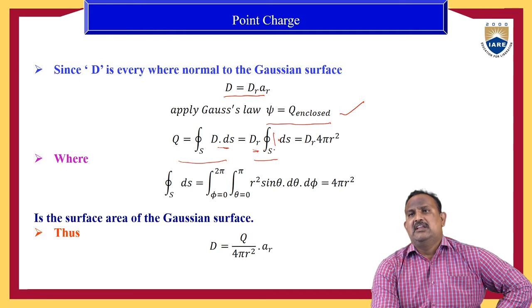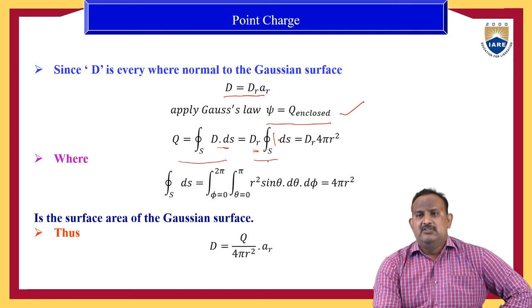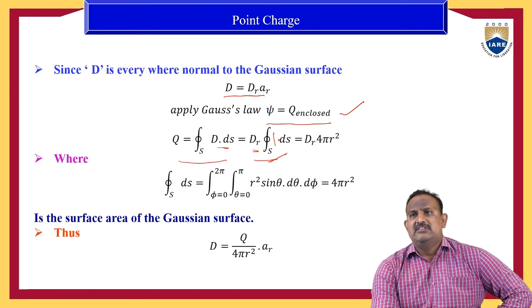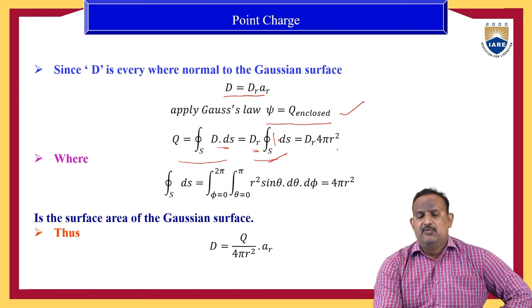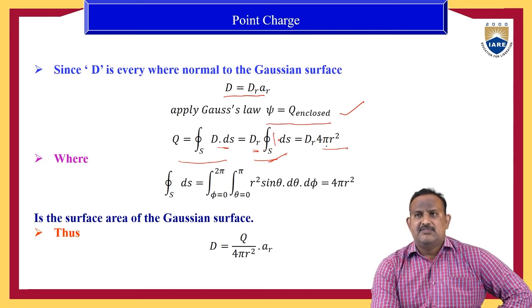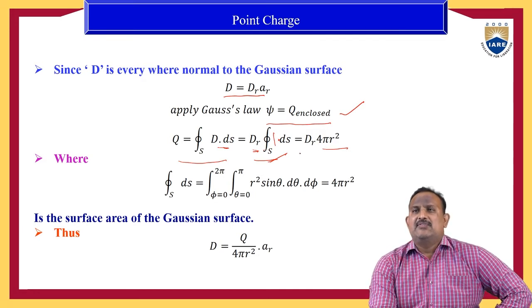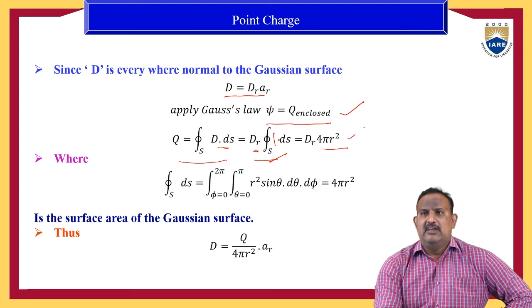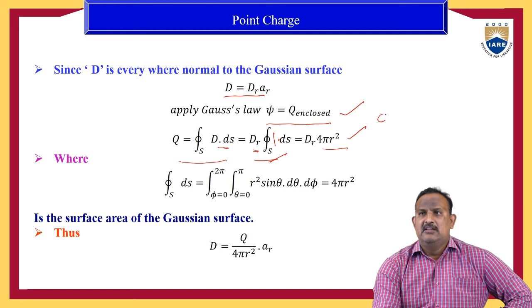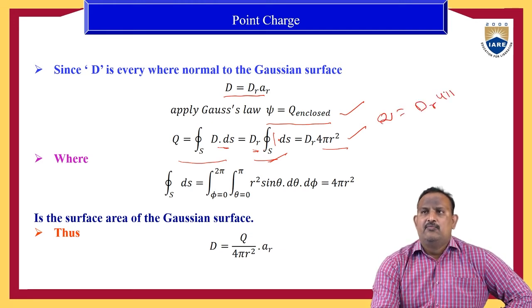The surface integral of ds is nothing but the surface area of the sphere, which is 4 pi r square, where r is the radius. Then the charge Q becomes Dr into 4 pi r square.